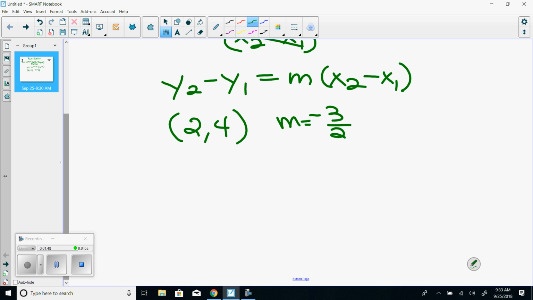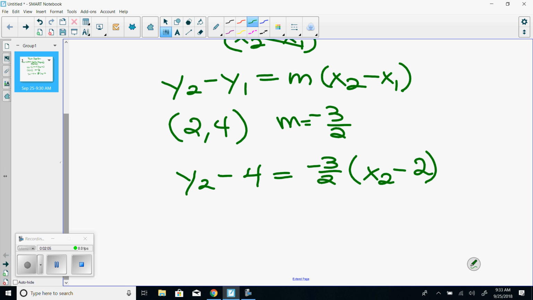So I'm going to plug things in. So I've got y2 minus 4 equals -3/2 times x2 minus 2. So I plugged in the x and the y of the coordinate pair that they gave us.